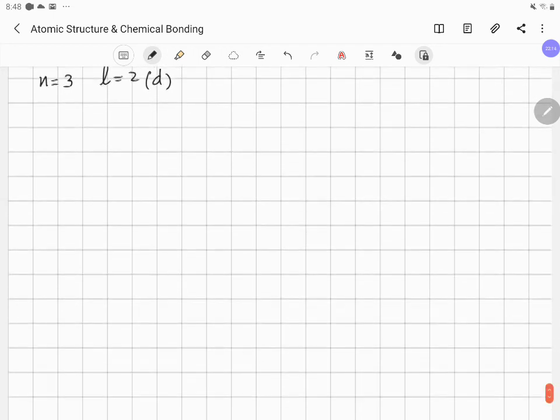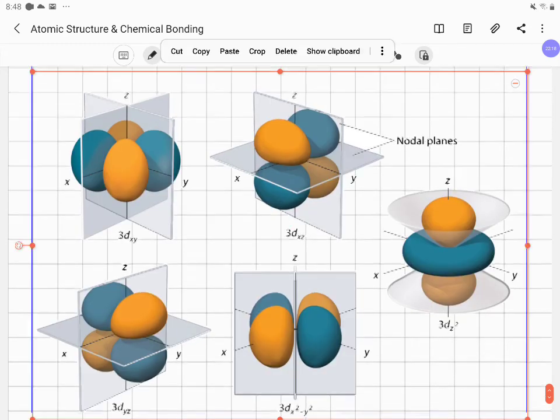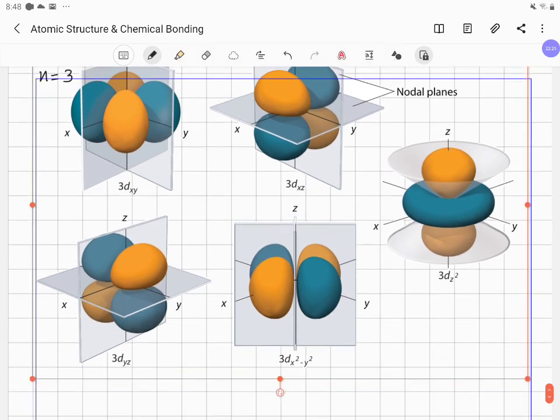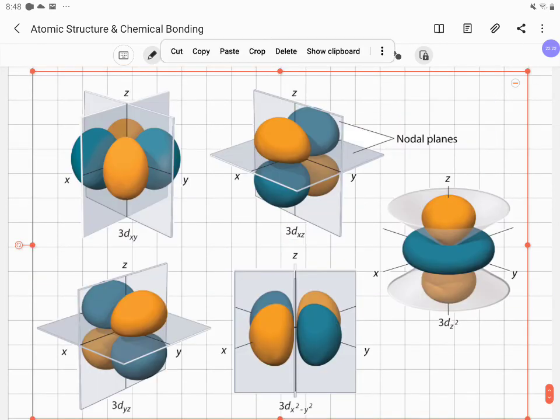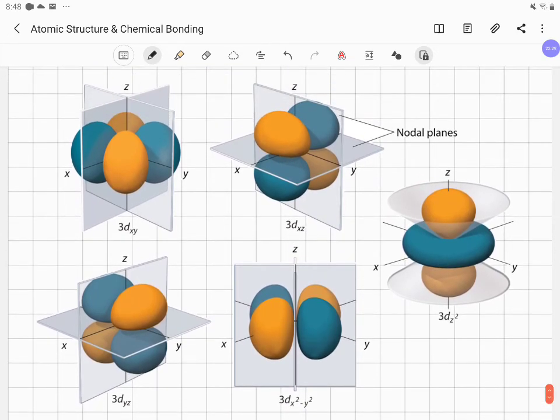Now if I show you the d orbital in a more graphical way, this is how the d orbital looks like. Now in this case, you can see that there are 2 nodal planes.